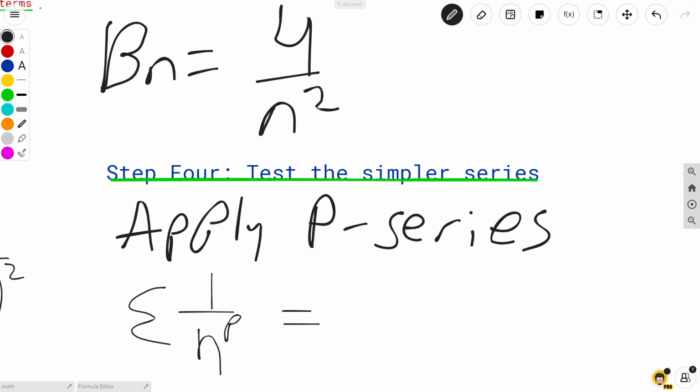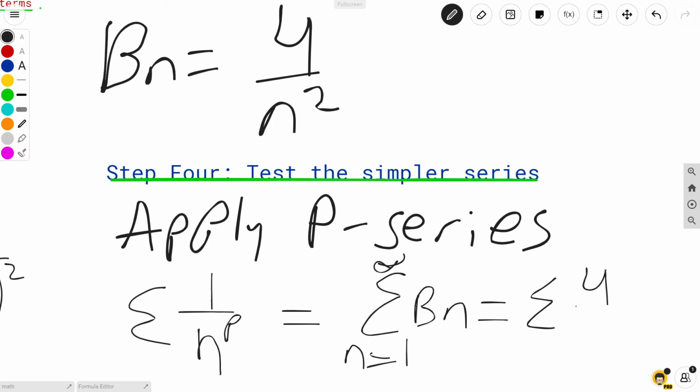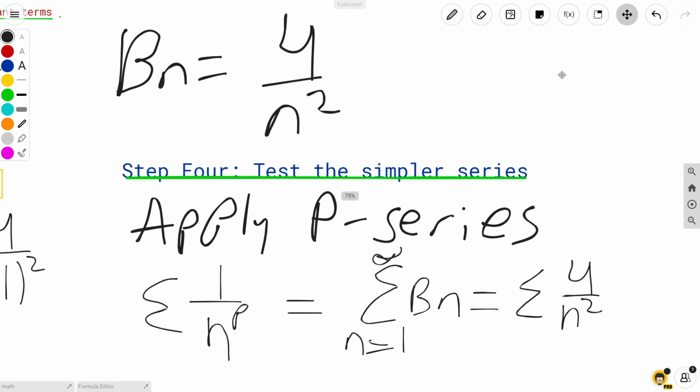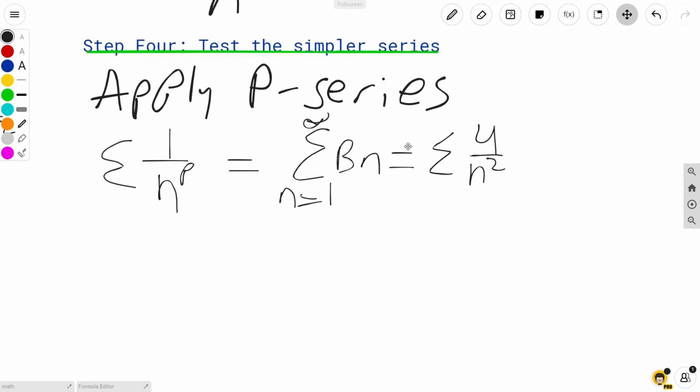So the series of b sub n, as n equals 1 and approaches infinity, is equal to the series of 4 divided by n squared. And what's our p? Our p is equal to whatever the exponent is on n. In this case, the exponent is 2, so our p is equal to 2.